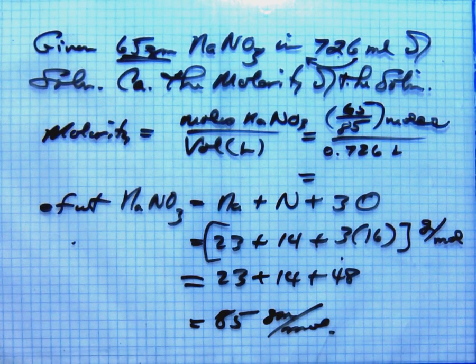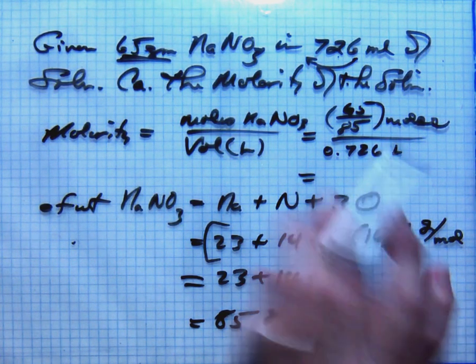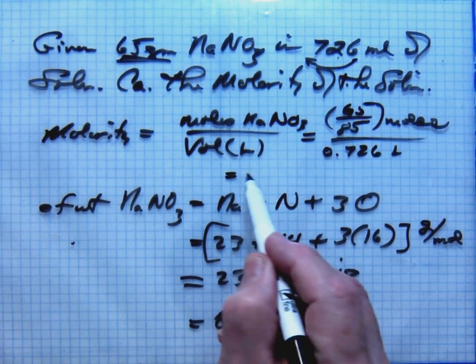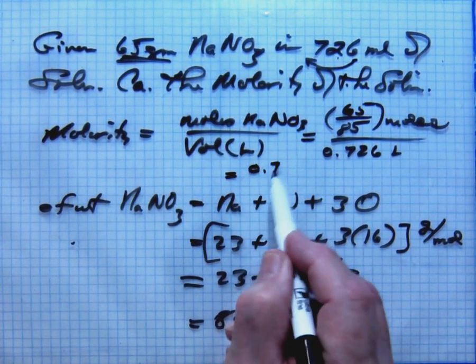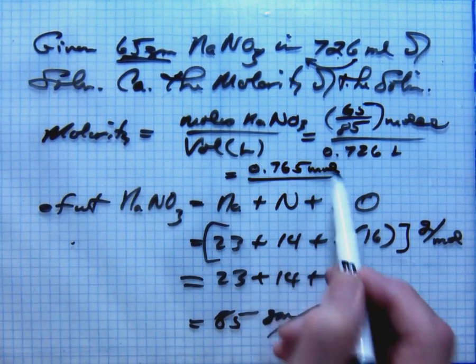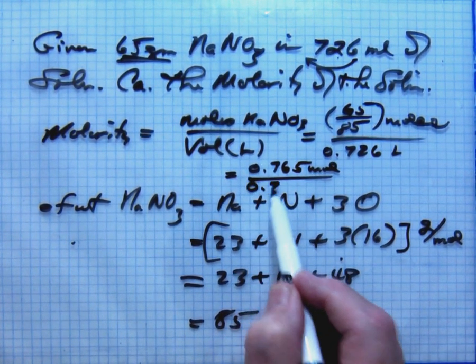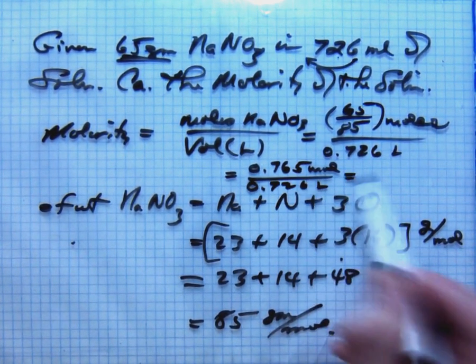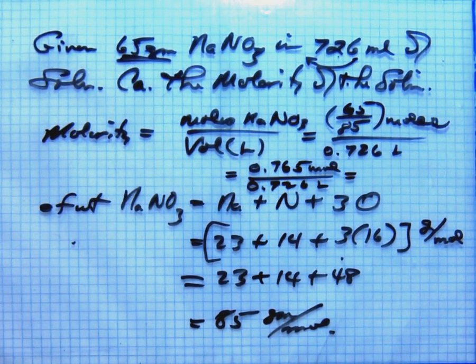So we're looking at 65 divided by 85. I'm going to spread this out, that's 0.765 mole of the sodium nitrate, divided by 0.726 liters.